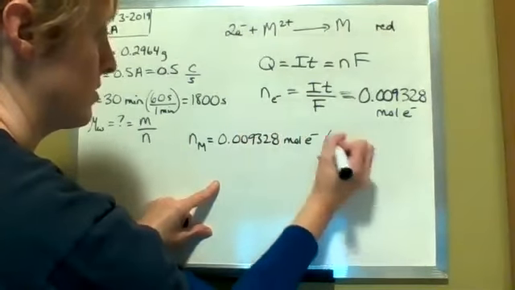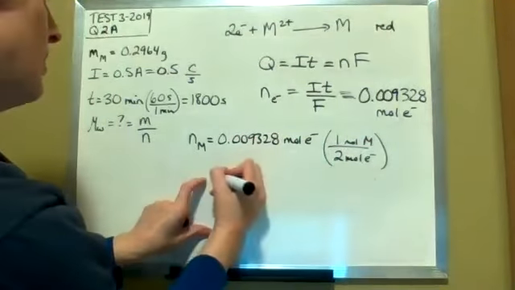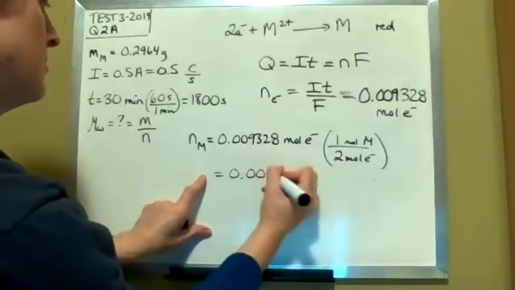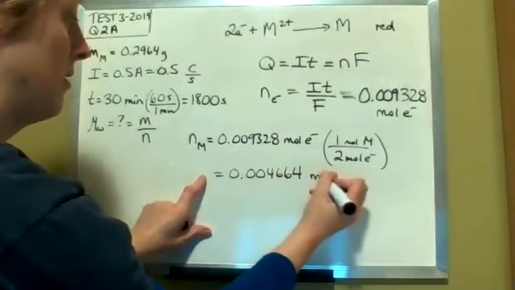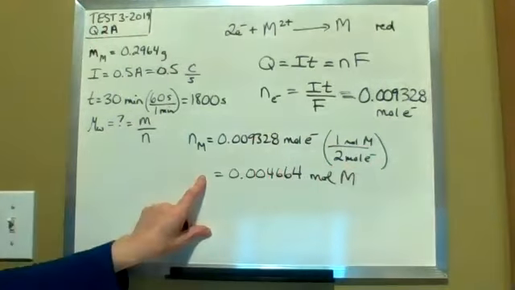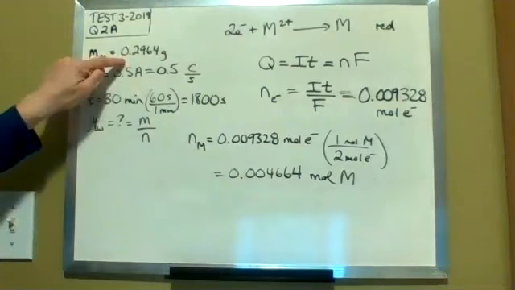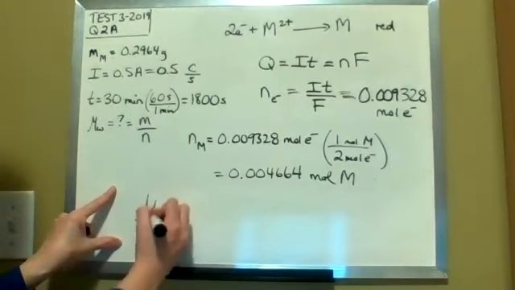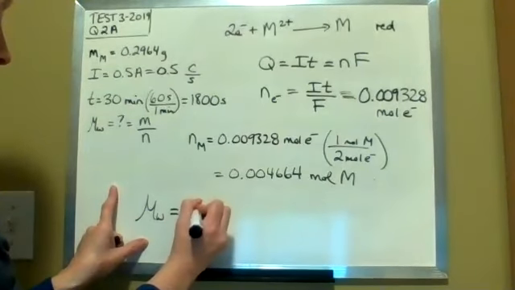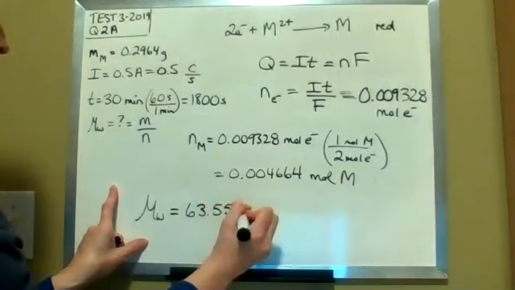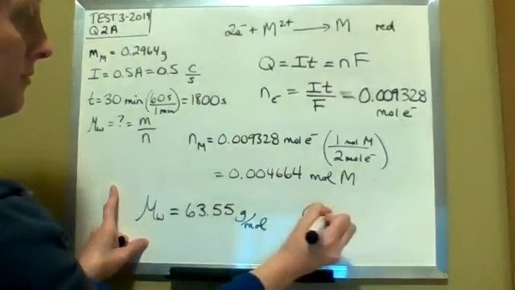It was 2 moles of electrons for every 1 mole of M. So we will have a value of 0.004664 moles of M. And using this number for your moles and that number for your mass, you should be able to get your molecular weight out of this, which is 63.55 grams per mole, which corresponds to copper.